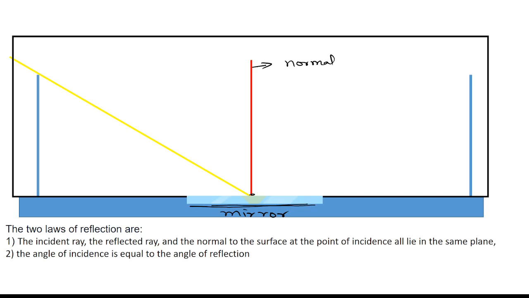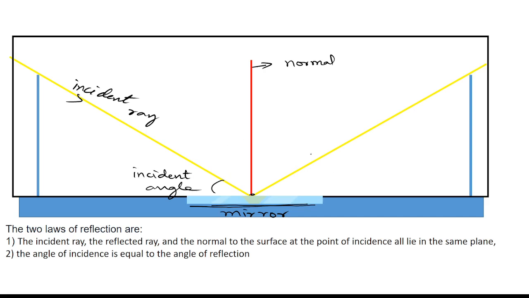Now after striking there, it will bounce back. What we have observed is, when the light is coming towards the mirror, it will make some angle. Before making that angle, this ray is nothing but the incident ray, and the angle which it is forming with the mirror is called the incident angle.